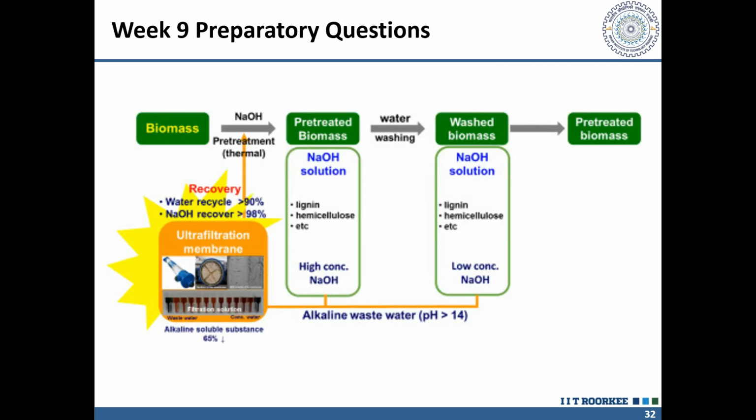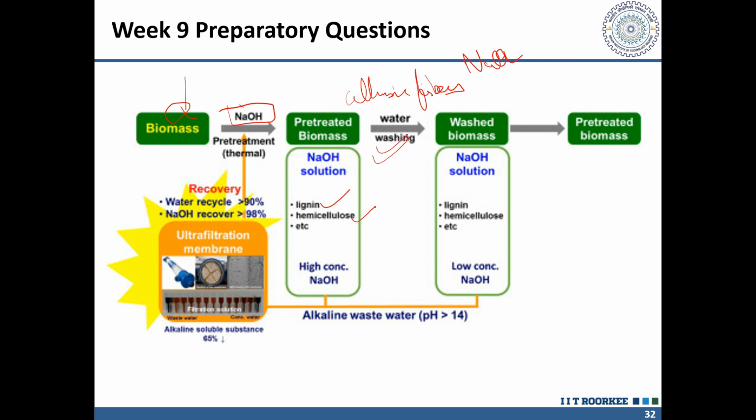This is a typical block diagram of the alkali pretreatment. We treat the biomass in the presence of NaOH, and this NaOH is used to remove the lignin and hemicellulose from the biomass. What we get here is cellulosic fibers, which will have some amount of NaOH also.